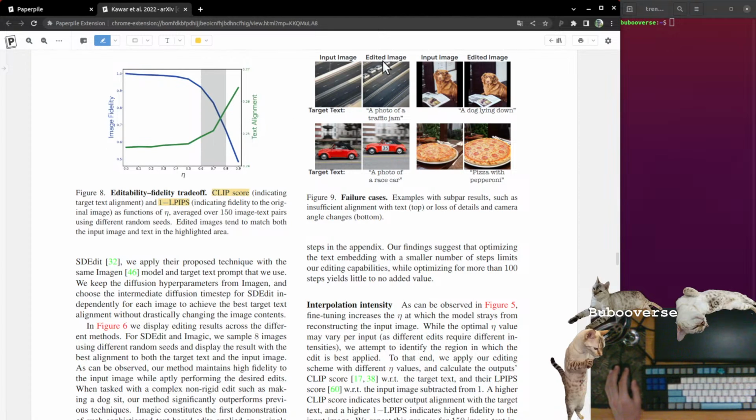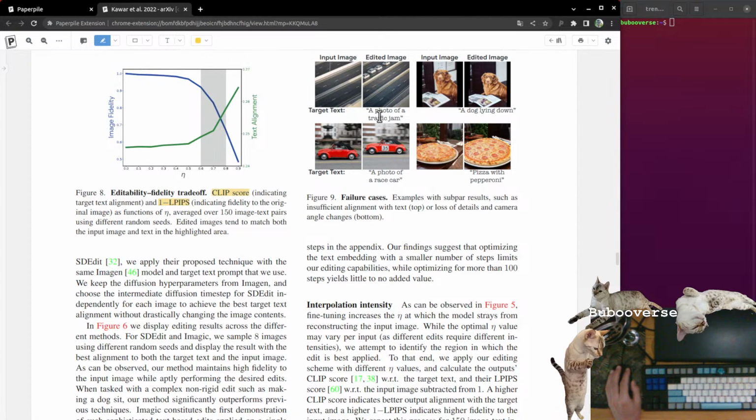So the final image, photo of a traffic jam, how close is this image to traffic jam? Of course, if you have a really high n, which determines the interpolation, it's going to be very aligned to the text. If you have a very low n, it's just the original image, so it's not going to be very aligned to the text.